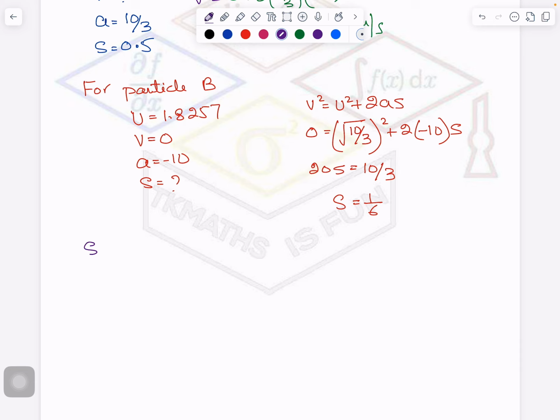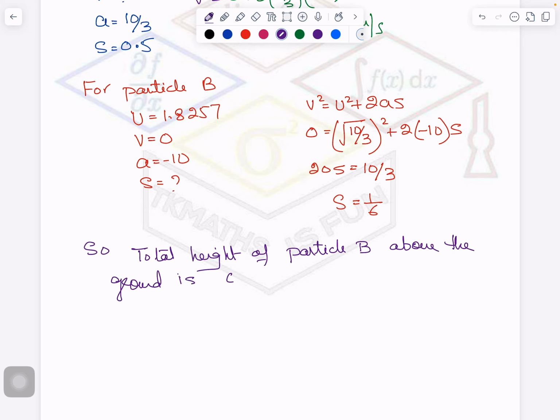So total height of particle B above the ground is 0.5 plus 0.5 plus 1 upon 6, which is equal to 7 upon 6 meter.